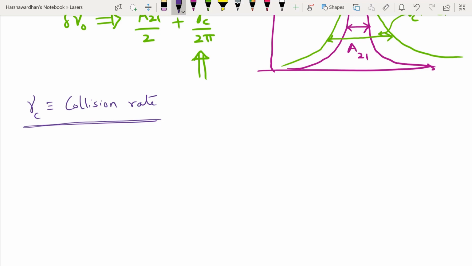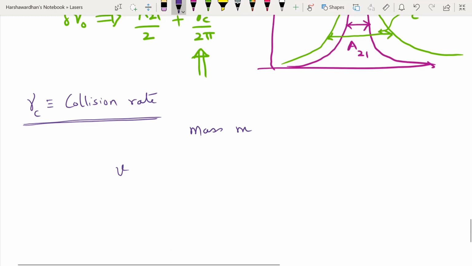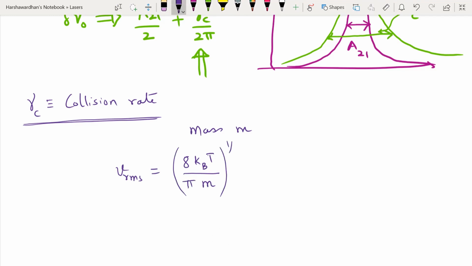From kinetic theory of gases, if there is an atom of mass m, then the mean velocity of the atom is given by this formula, the square root of 8 kBT by pi m. Here T is the temperature in Kelvin, and the gas is at equilibrium.